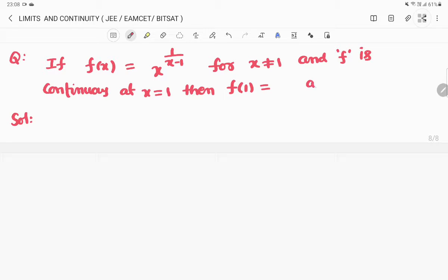Options: first option e, second option e power minus 1, third option e power minus 2, fourth option e power 2.